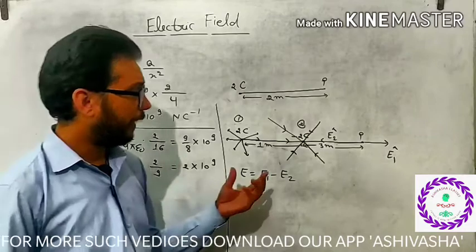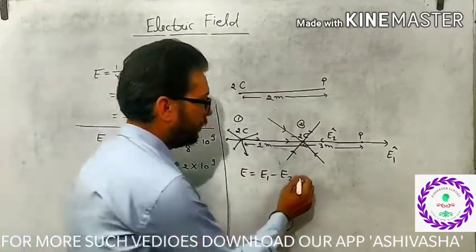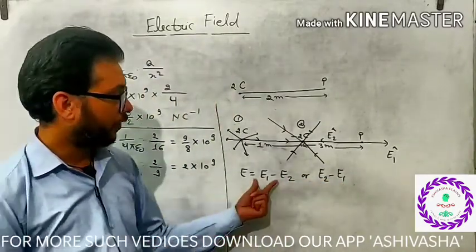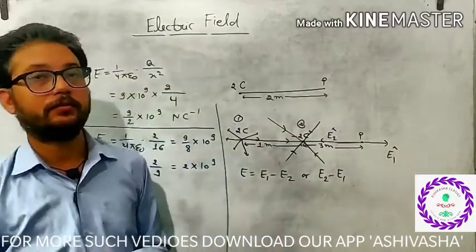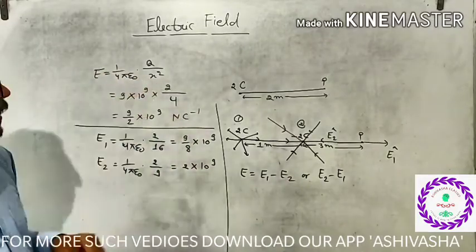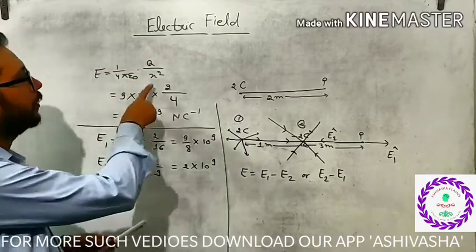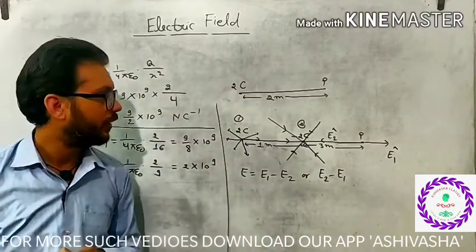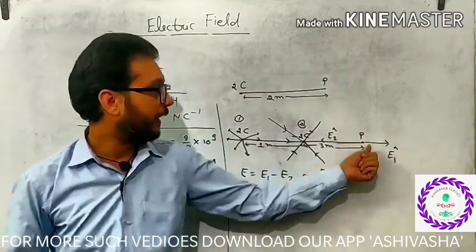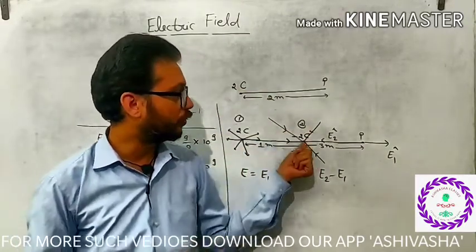So why do we write E1 minus E2, or we can write E2 minus E1. Which one out of the two will we consider? For this we have to once again think upon this formula. According to this formula, the electric field is inversely proportional to the distance. It means if we talk about the point P, then point P is very far from charge 1 and it is close to charge 2.